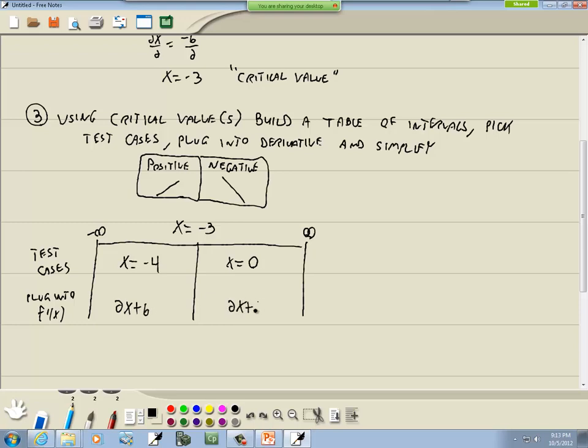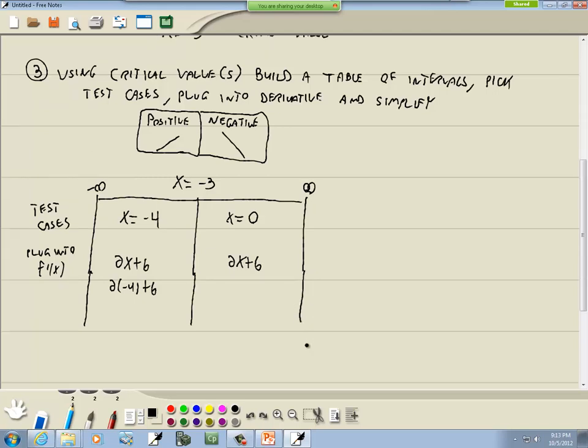So the negative 4 I'll put in for the x. So we got 2 times negative 4 plus 6. Now all we really care about here is what our sign is. We don't actually care what the value is. Well, 2 times negative 4 is negative 8. And negative 8 plus 6 is negative 2. Well, this is negative, so this is decreasing.